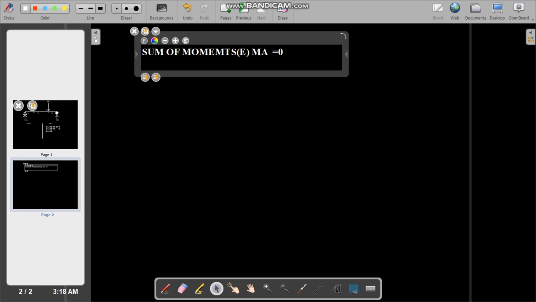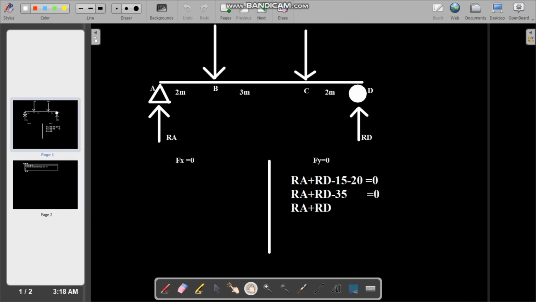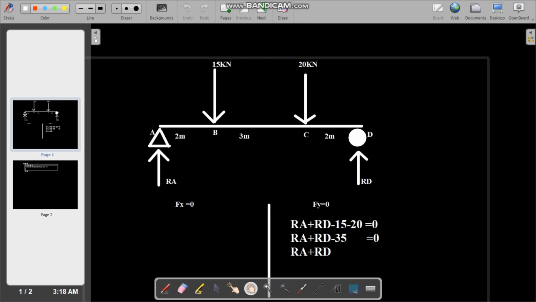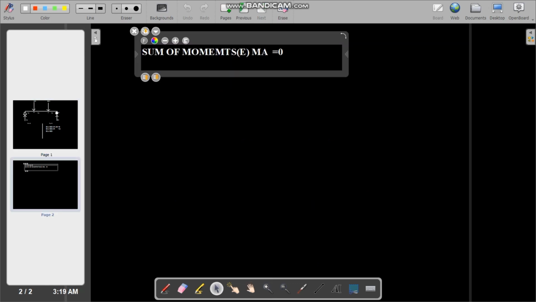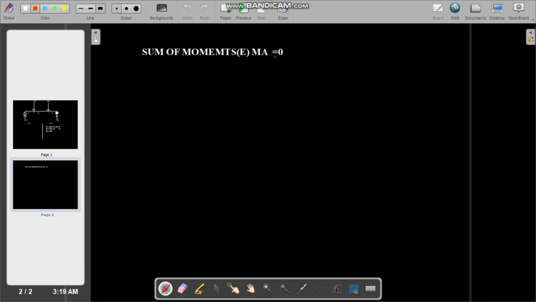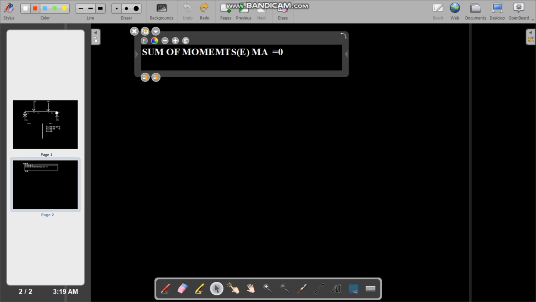You can see here is the sum sign, relevant to that A point. Because I don't know about the sign on my keyboard, that's why I put the E here. So basically I meant to say here the sum of moments MA is equal to 0.